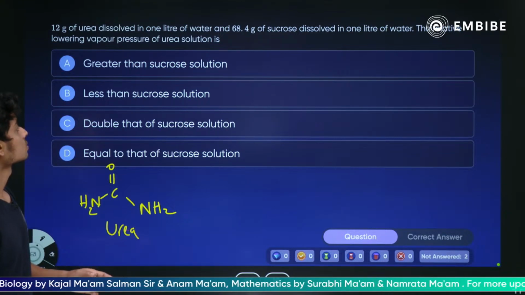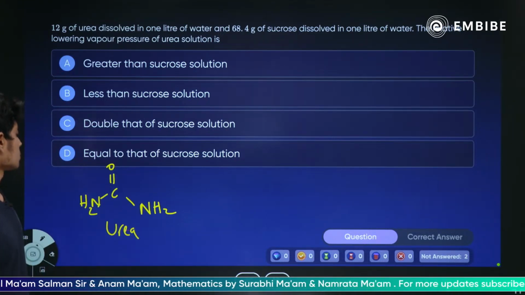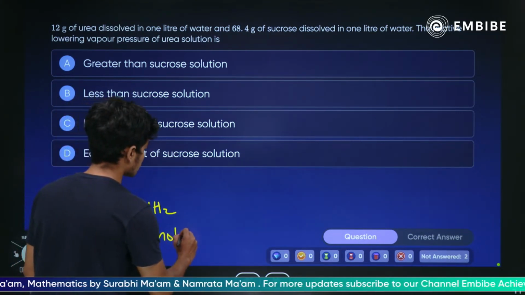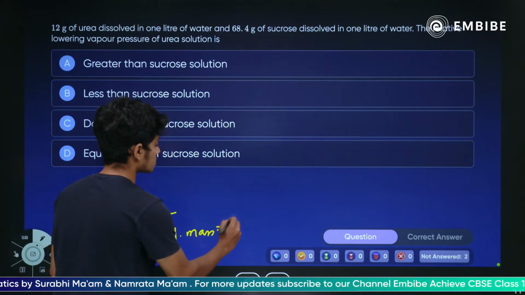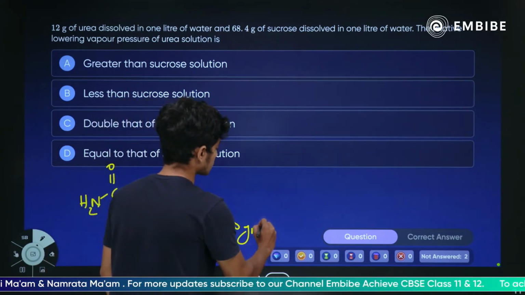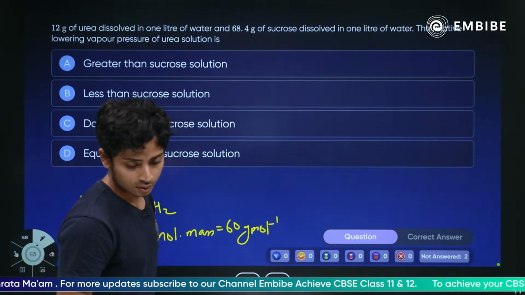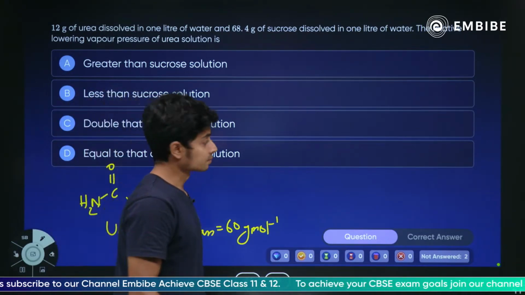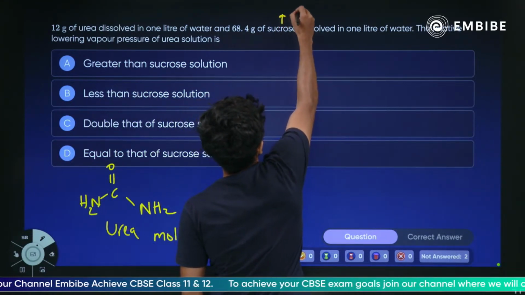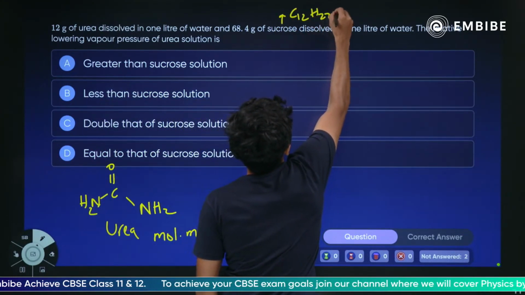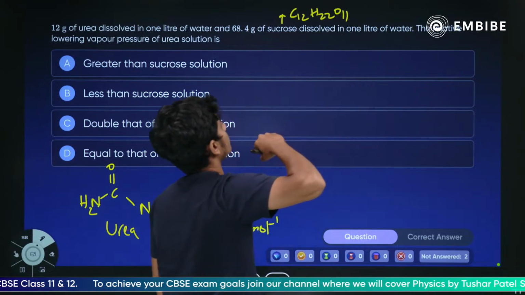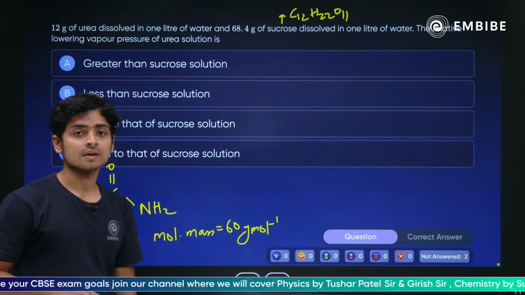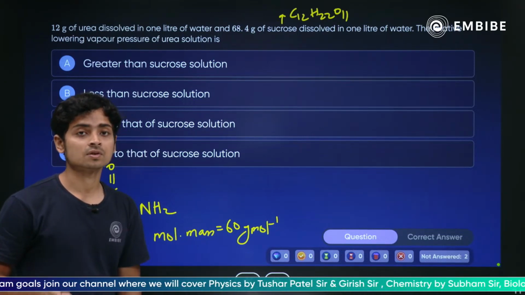So this is urea. Its molecular mass, molar mass, is 60 gram per mole. Then you've got your sucrose. Sucrose is C12H22O11. We know relative lowering of vapor pressure is dependent on the mole fraction of solute.